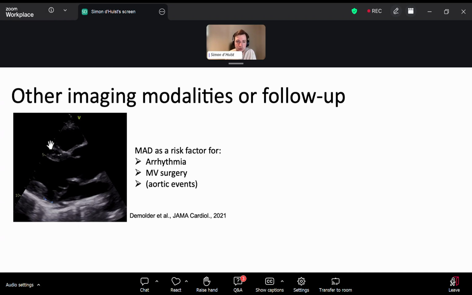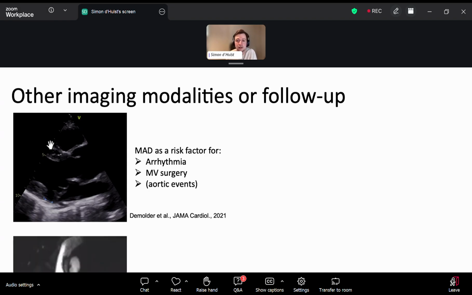Further MRIs or additional sequences may also be needed to evaluate either valvular disease or cardiac dysfunction, or as Gianluca as well said, to evaluate, for example, fibrosis or extracellular volume.